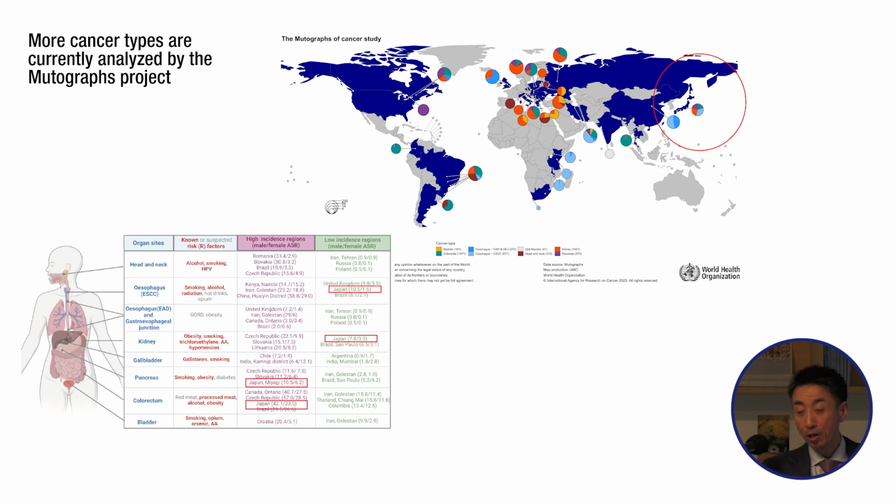And Japan also contributed to this project. As you see, this is a high incidence region, that is a low incidence region, and Japan has a high frequency of pancreatic and colorectal cancers, but a low incidence of gastric and kidney cancer. So this project collected cancer genomes from different regions of the world, and then we compared the mutation signatures as presented.